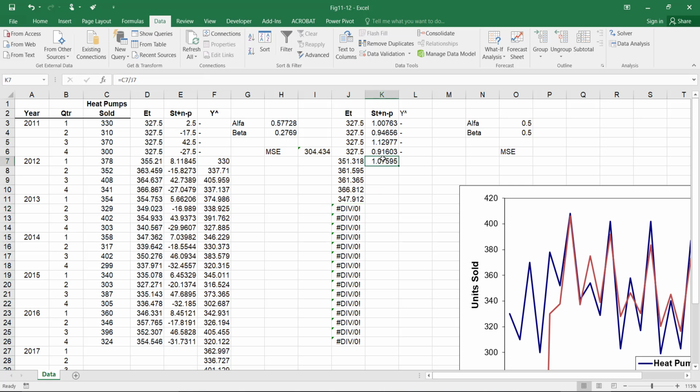Now for the ST we have beta times the real observation YT over the ET plus 1 minus beta times ST minus P, so we are using P periods behind the current observation.